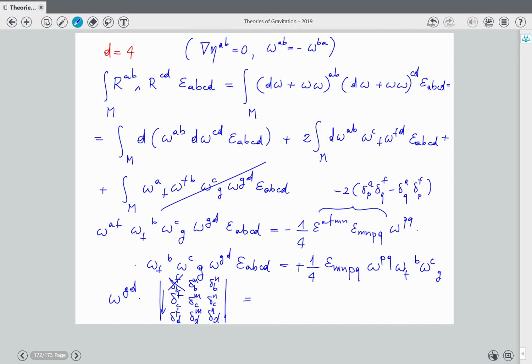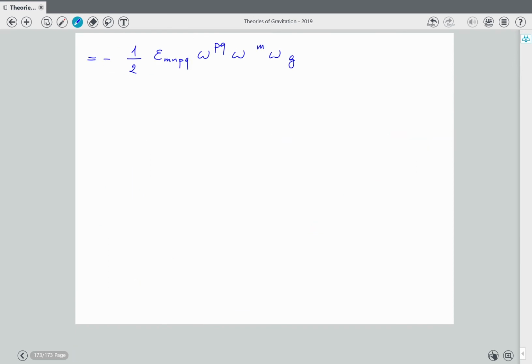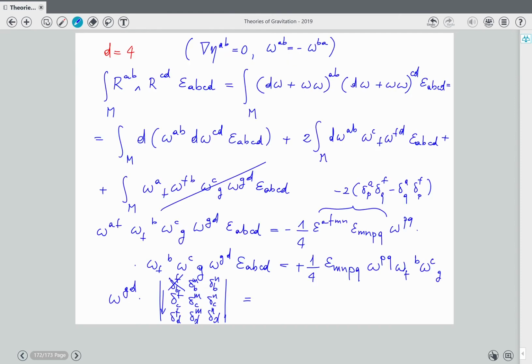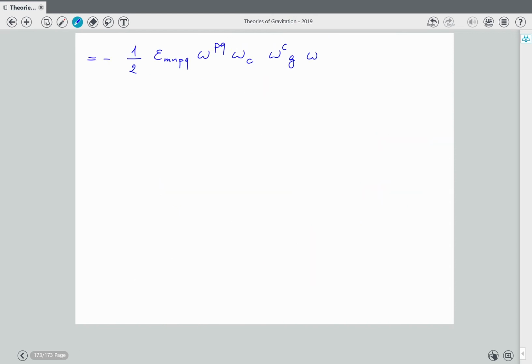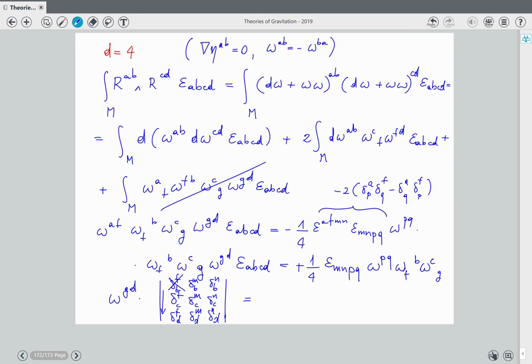Delta FC means that here we have omega CB, omega CG. Delta FC, delta MB, so yes, this was M, and delta ND.